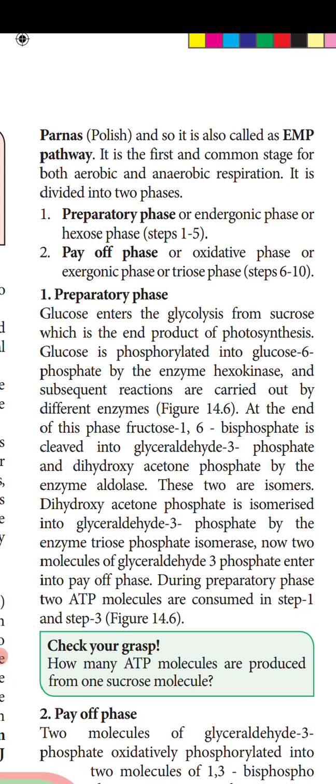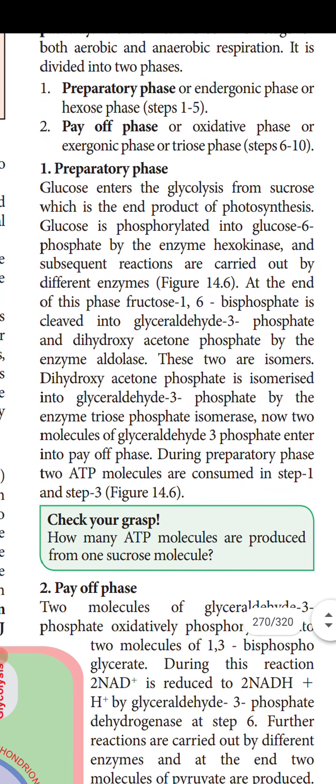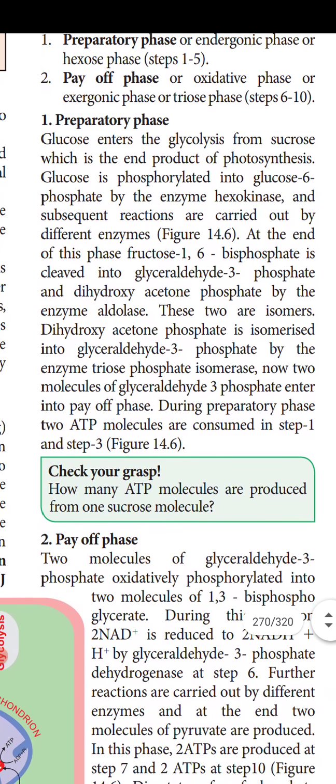These two are isomers. Here during the preparatory phase, 2 ATP molecules are consumed.